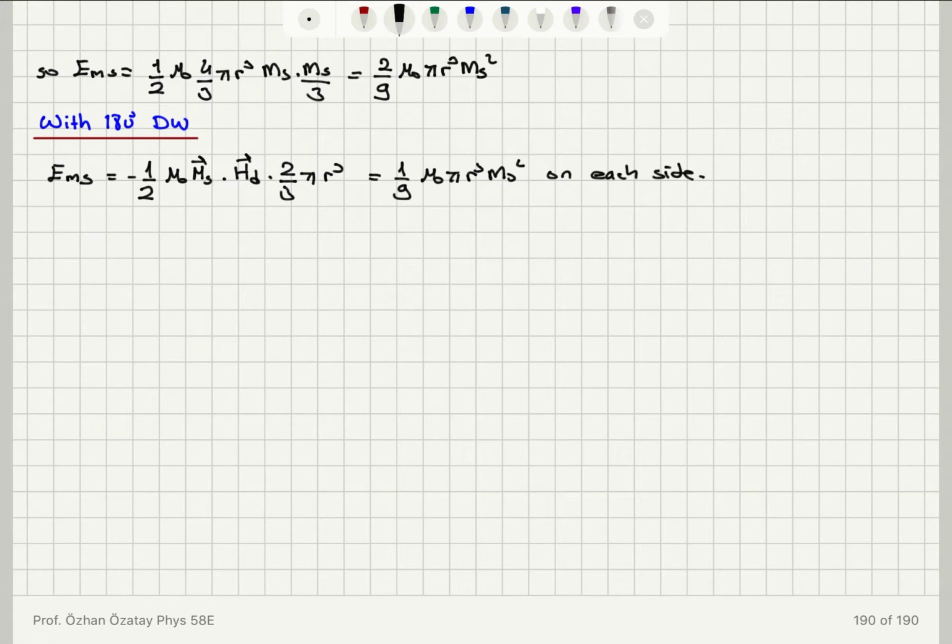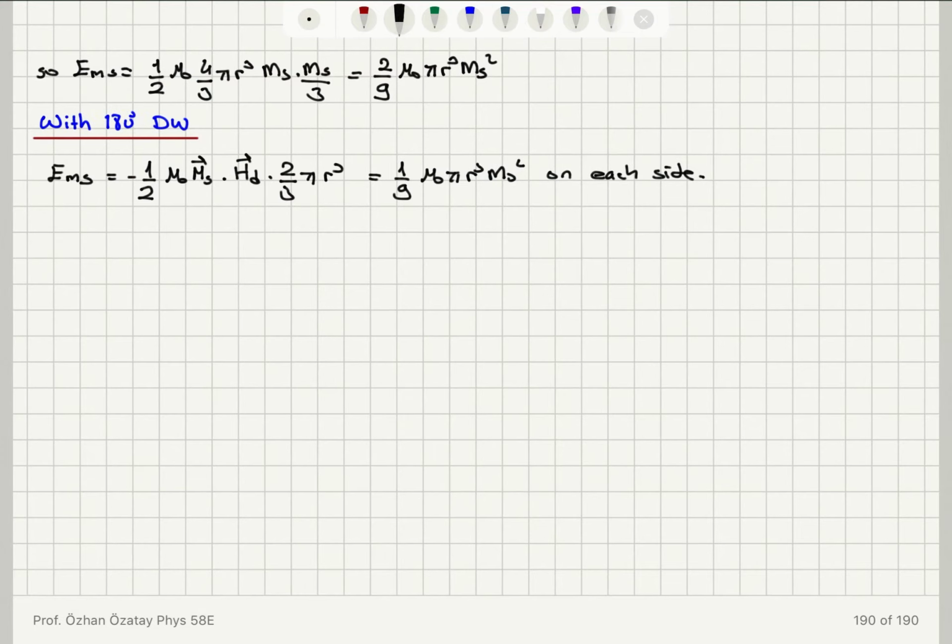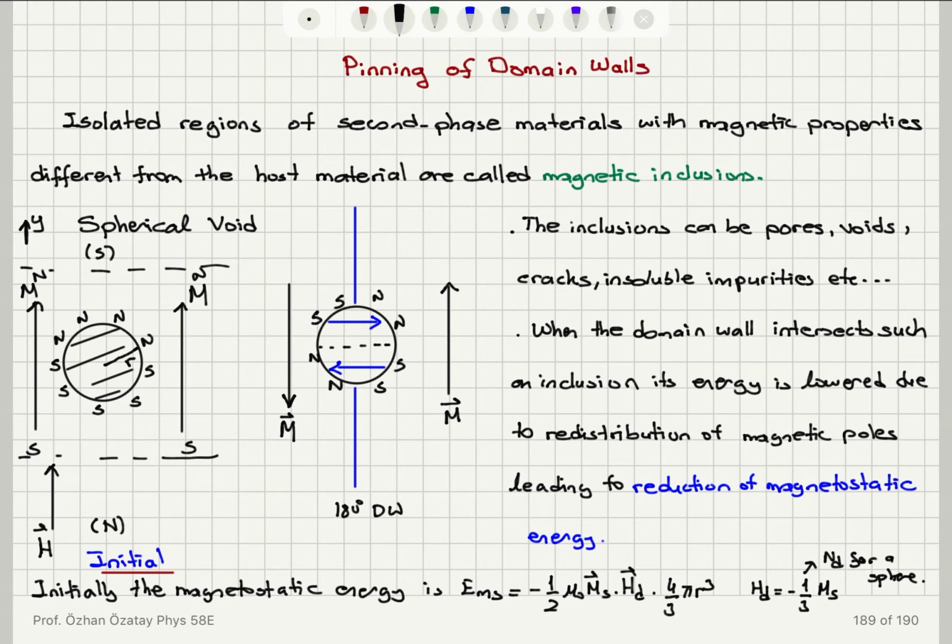And these energies don't add up, so it's actually the magnetostatic energy of this configuration. So indeed, I find that the magnetostatic energy is lowered by the domain wall. So by the presence of the domain wall, I have lowered the magnetostatic energy.